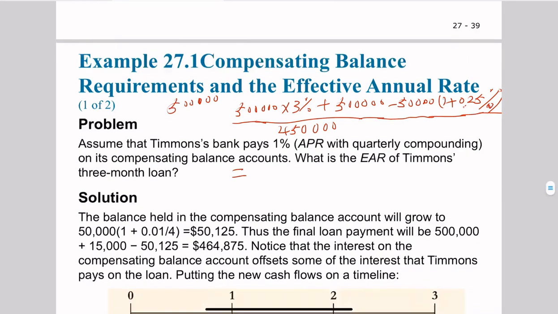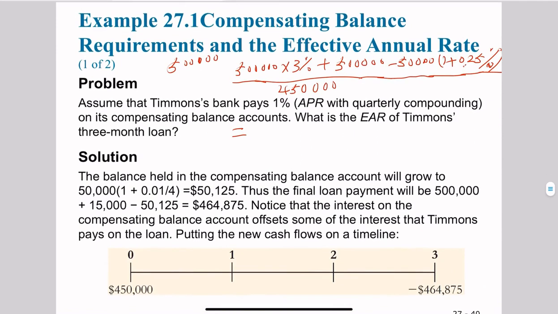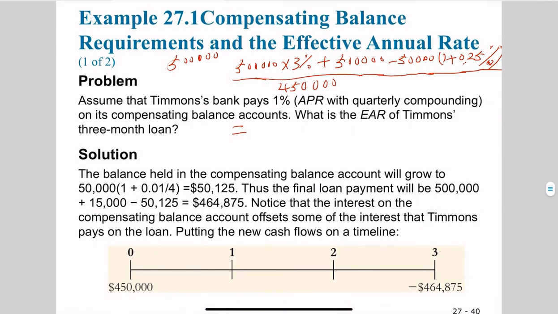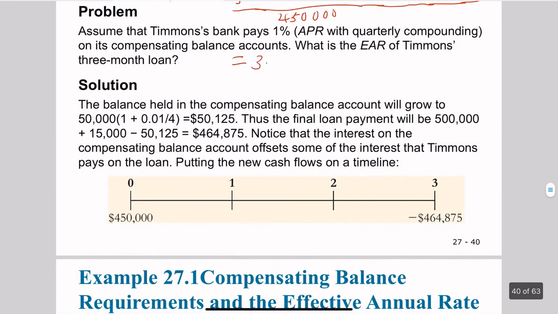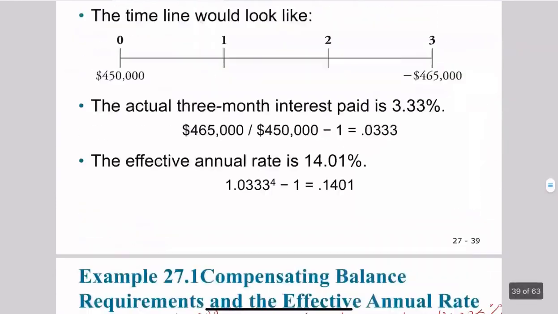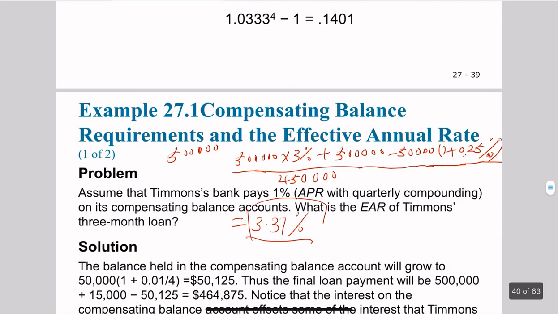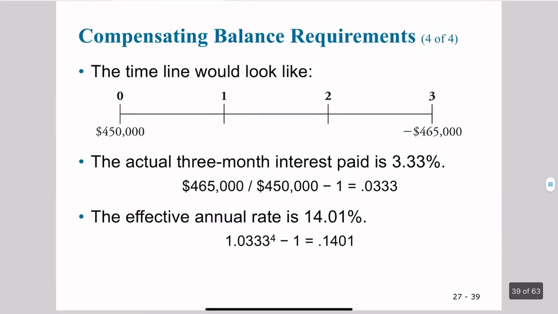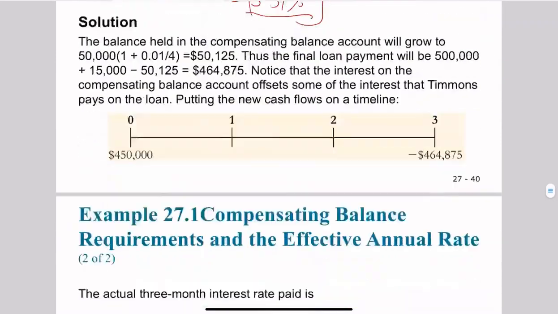And this will give us a rate of 3.31%. And you can see that this effective interest rate is slightly lower compared with this 3.33%, right? The reason is that the bank is paying interest on the firm's compensating balance.